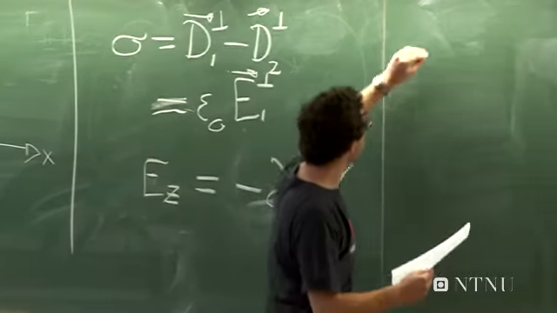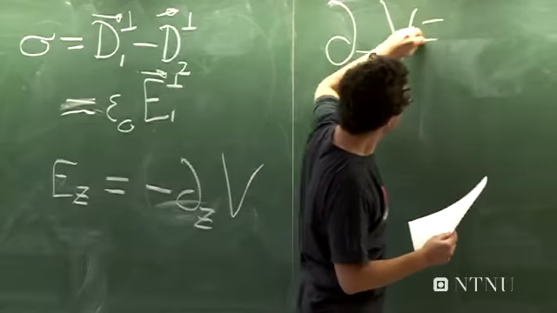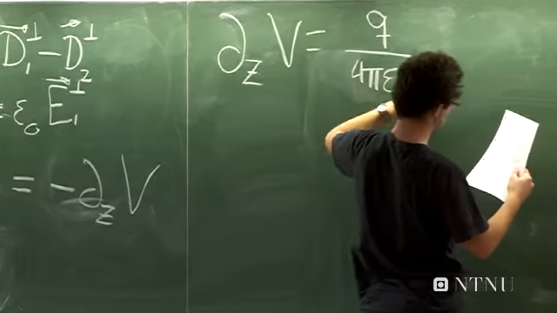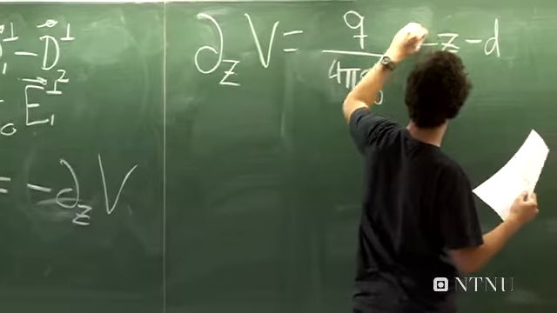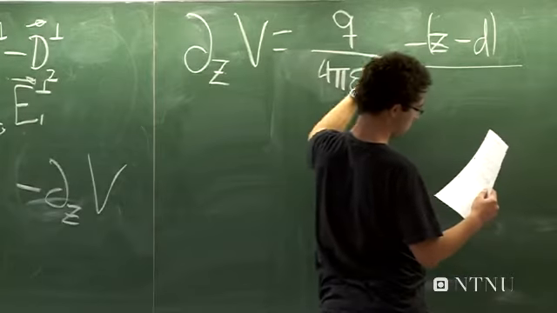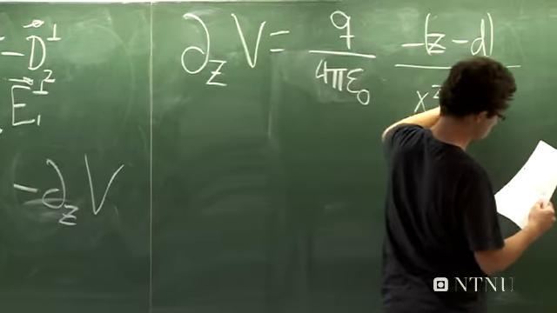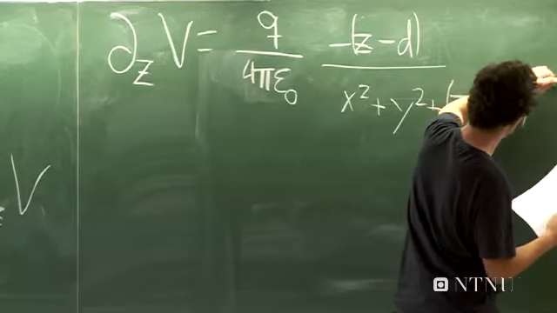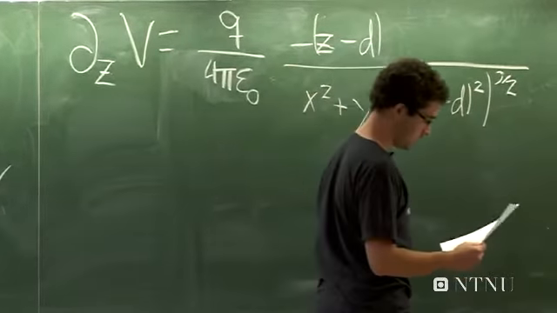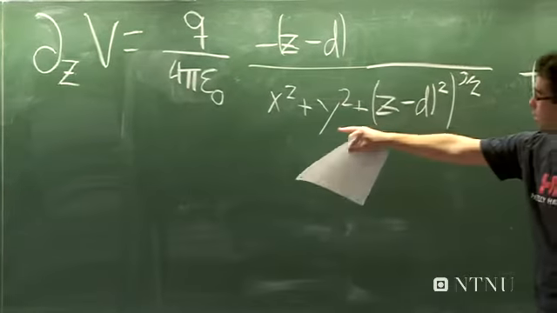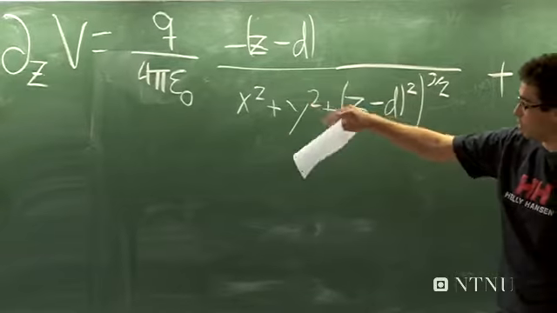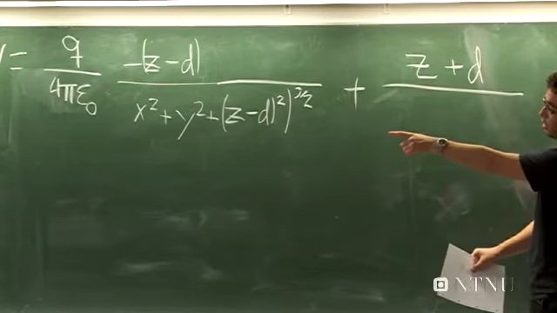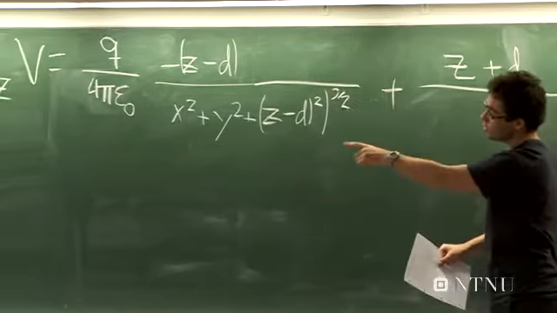The answer is pretty straightforward. It's (z minus d) over the distance cubed from the top charge, and (z plus d) over the distance cubed from the bottom charge.